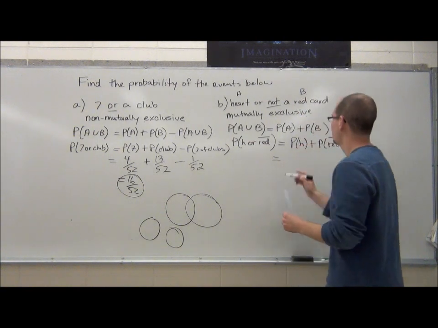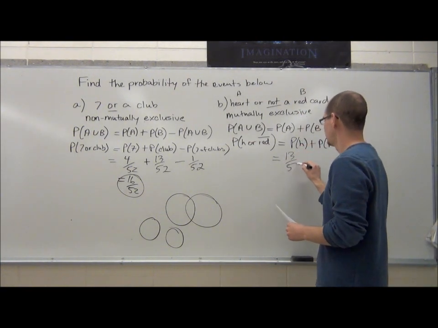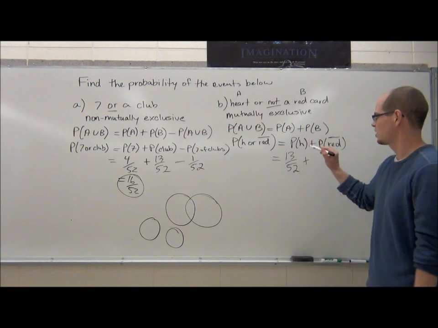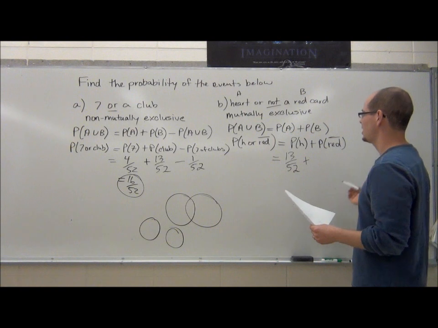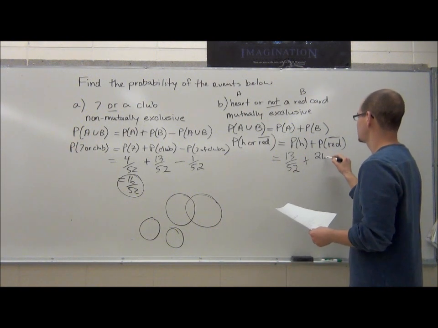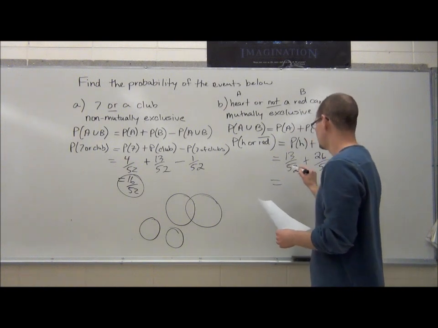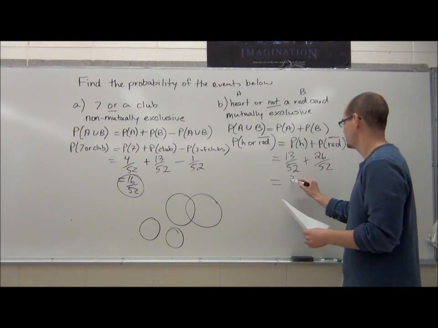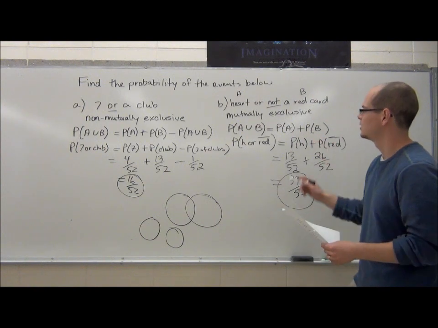The probability of getting a heart: there's 13 hearts in a 52 card deck, so I have a 13 out of 52 chance. Or I can get not a red card, which is basically any black, and I have 26 out of 52 as a chance for that. No overlap to subtract out, so you're just going to add numerators. 13 plus 26 is 39. So my probability is 39 out of 52 here.